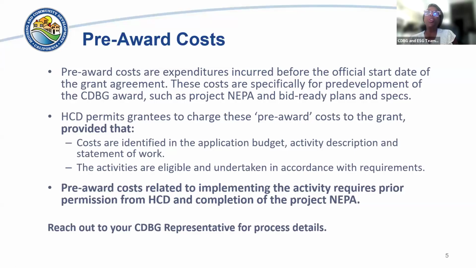HCD permits grantees to charge these pre-award costs to the grant, provided that the costs are identified in the application budget, activity description, and the statement of work, and the activities are eligible and undertaken in accordance with requirements. Please know that pre-award costs related to implementing the actual activity require prior permission from HCD and completion of the project NEPA. As always, please reach out to your CDBG representative for process details.